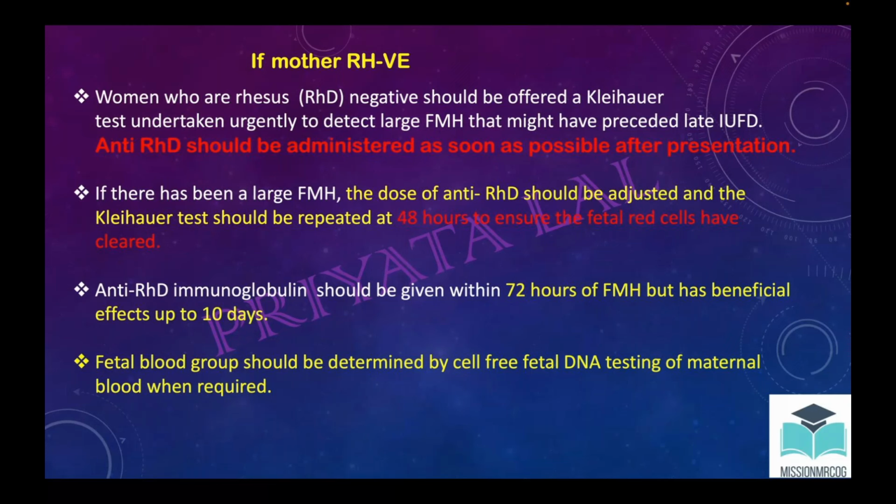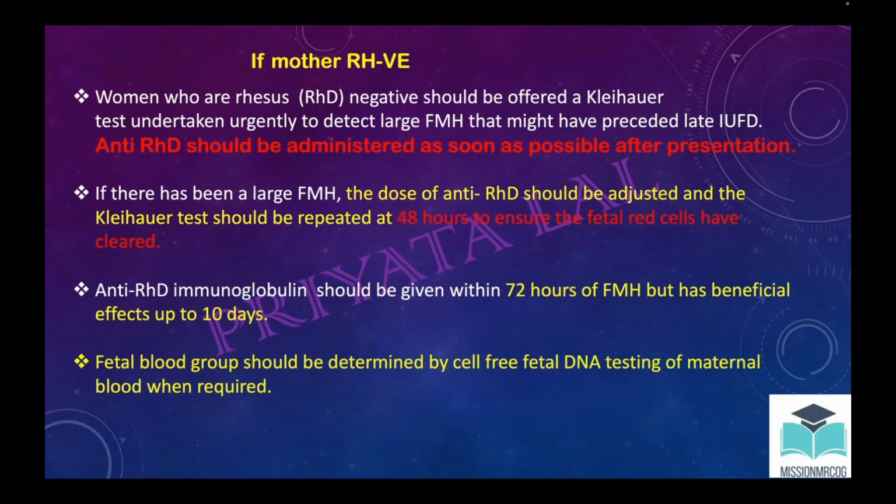After that, if we have to give an additional dose or not, a repeat test for detection can be done after 48 hours to make sure that all fetal cells have been cleared from the maternal blood.